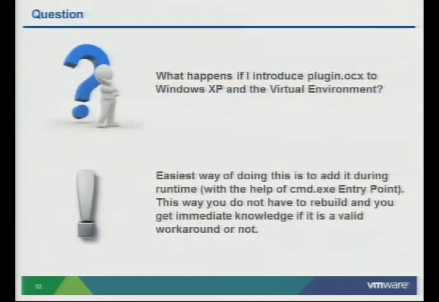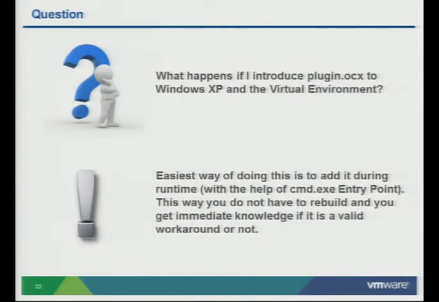So the issue was gone for the security hole, but not for you. No, it gave me an issue instead. So that gives me an interesting theory. What happens if I introduce plugin.ocx to my Windows XP machine? Not on the machine itself, but within the virtualized environment. So then let's go ahead and test this theory.